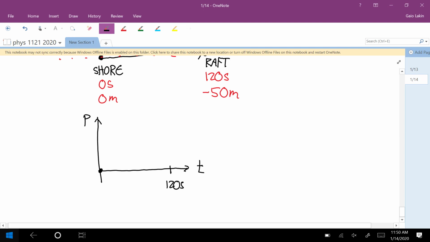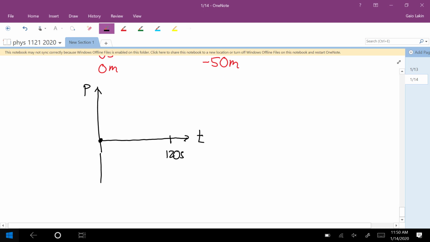We end at a position of negative 50. And so the graph looks something like that. Okay, and what that graph looks like is dependent on your choices of those 3 things. The time equals 0, the position equals 0, and the positive direction. Okay.